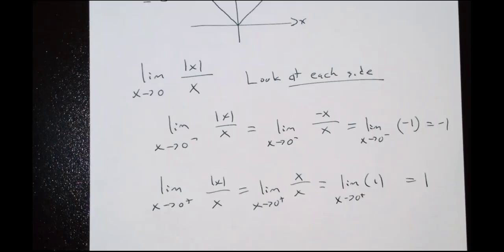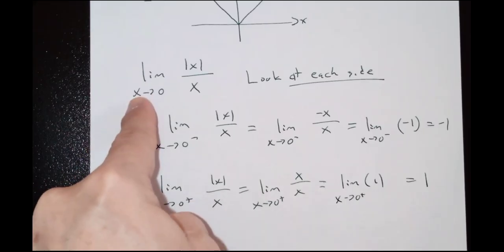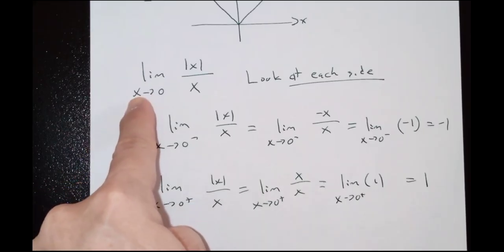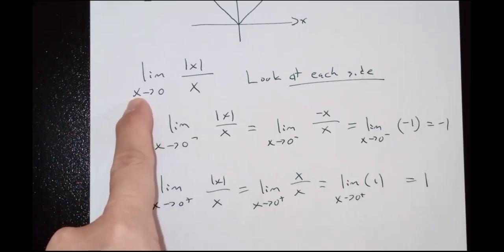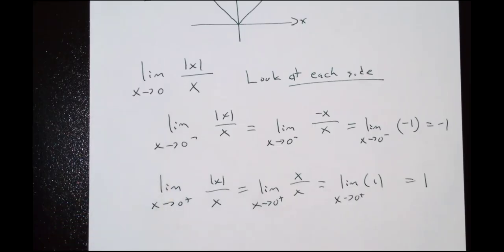So what is the limit that we originally were looking at here? What do I get for this answer? From the left, it's negative. From the right, it's positive. In order for the overall limit to exist, those two values have to both exist and they have to be the same.